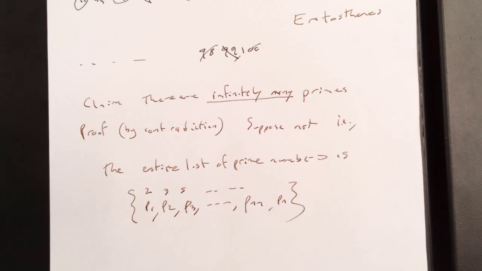I'm going to put them in order smallest to largest. So P1 is 2, P2 is 3, P3 is 5, on up. And I stop at some point. There are no more prime numbers after this. I don't know what that is, but it's a big number.